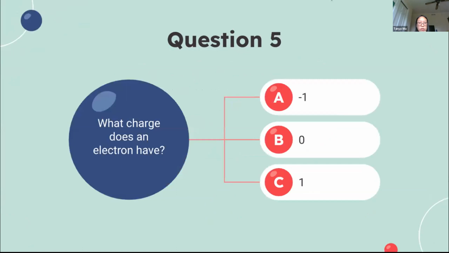Now, what charge does an electron have? Yes, it should have a -1. Okay, so I went over that really fast and you guys seem to get it. You guys probably already have a strong basis in the subject.